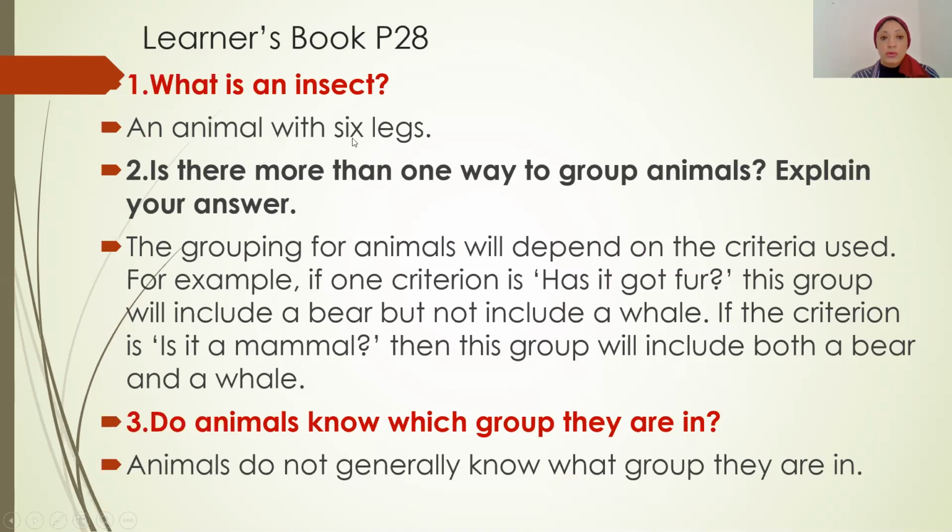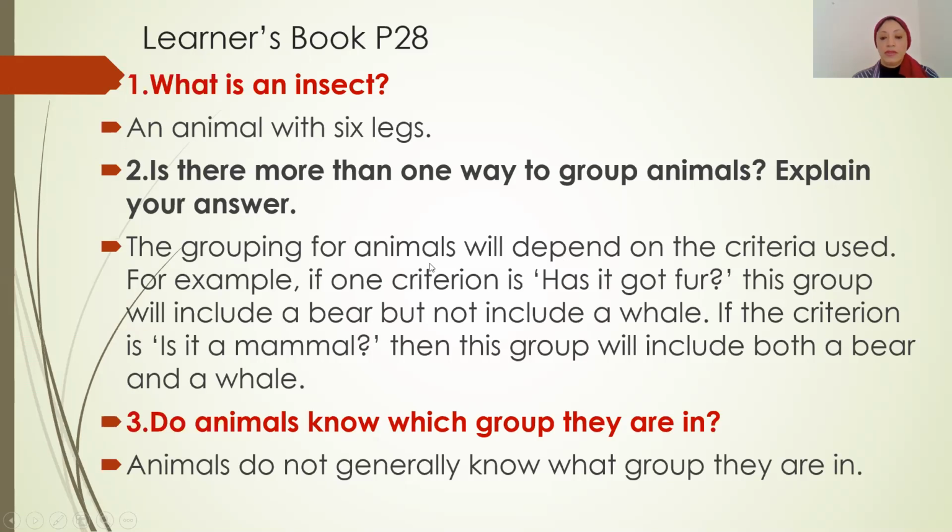Let's go through the questions of the learner's book, page 28. What is an insect? It is an animal with 6 legs, as we said before. Is there more than one way to group animals? Explain your answer. The grouping of animals depends on the criteria which is used.